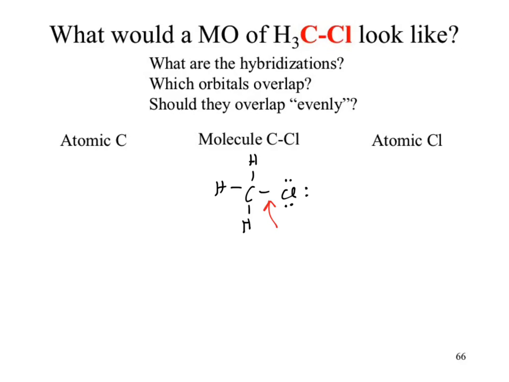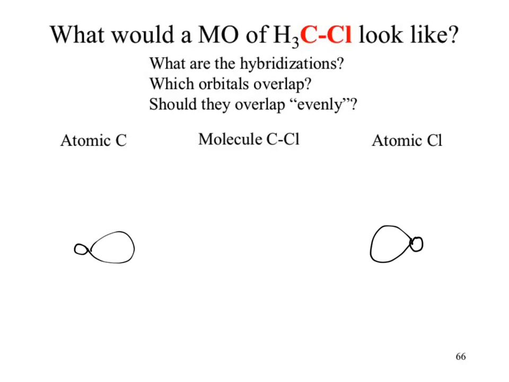Both of those atoms should be sp3 hybridized because they both have 4 electron groups. So when we go through to look at our molecular orbital diagram, do I care about the p orbitals? No, because I'm looking at the bonding interaction between an sp3 atom and an sp3 atom. So the orbitals that I should be looking at would be an sp3 and an sp3.